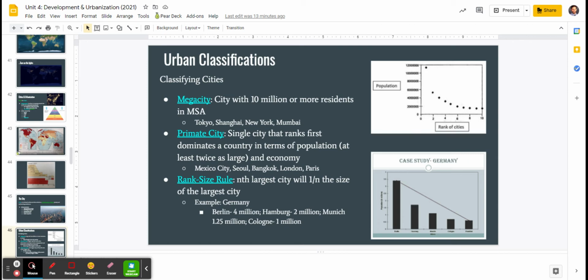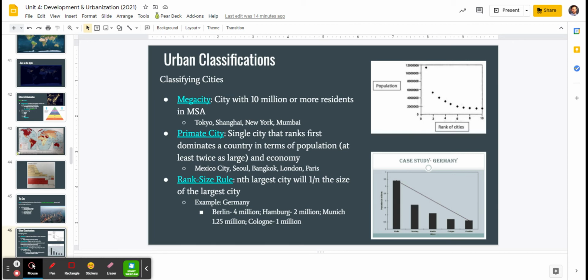A couple of examples include Mexico City in Mexico, Seoul in South Korea, and a few others. But the key reason for all these is that these particular cities have some significance, especially economically, that leads them to being where people flock to, you might say.